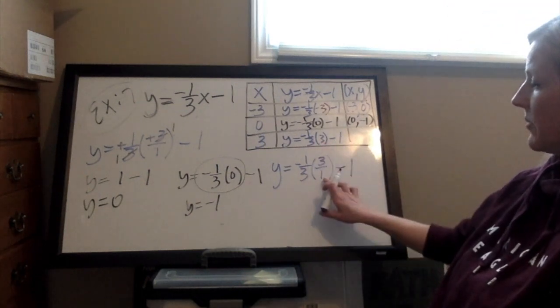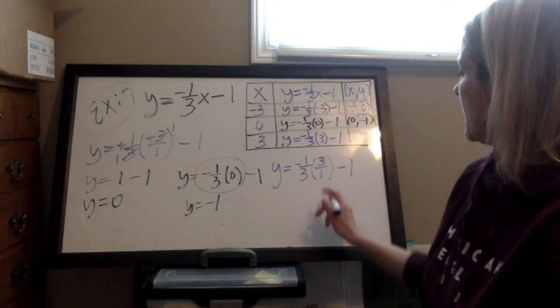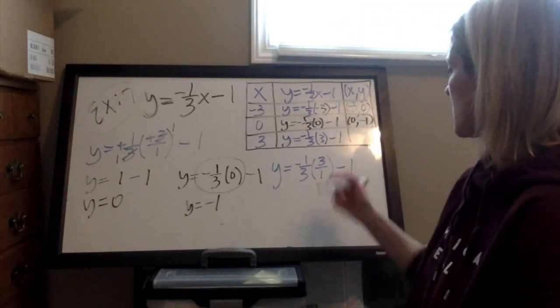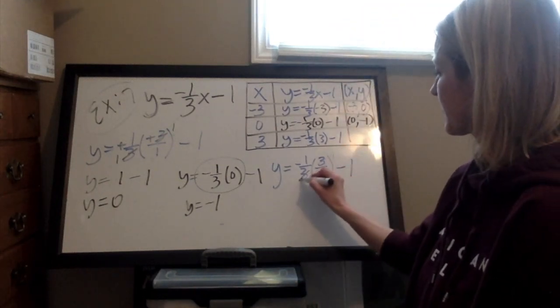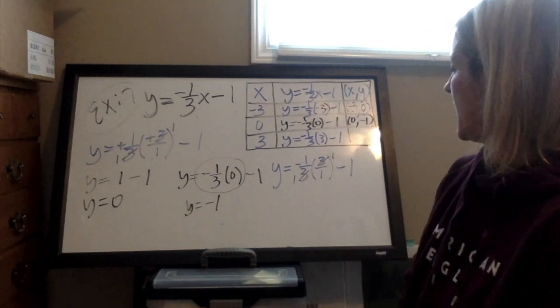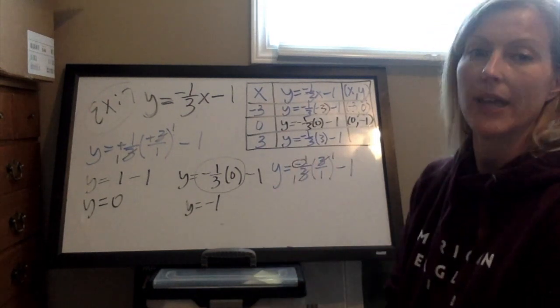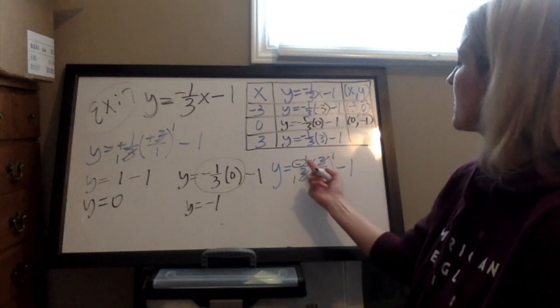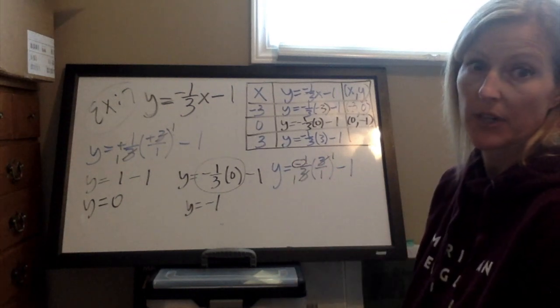Because 3 can be written as 3 over 1. So then I know my 3's can cancel out so that they're both ones. And I still have that negative because my 3 isn't negative, so it doesn't cancel out. So I still have my negative, so let's not forget about that.